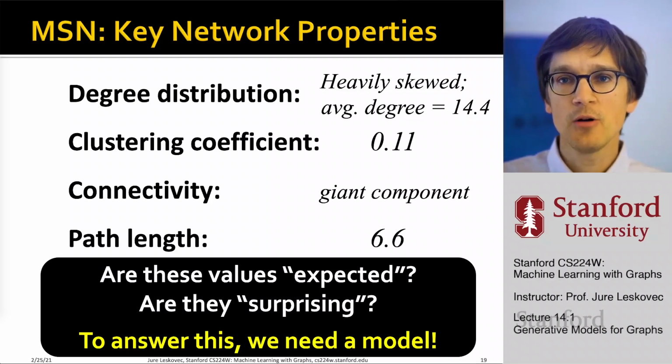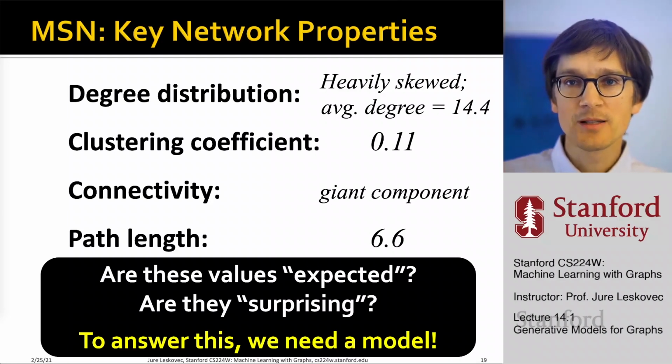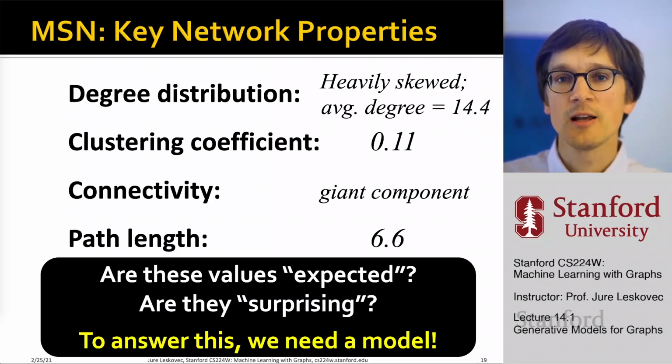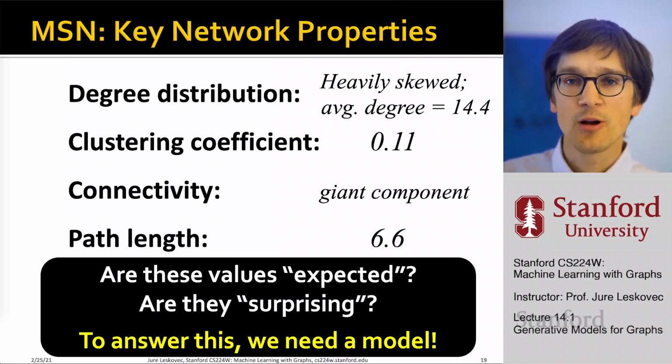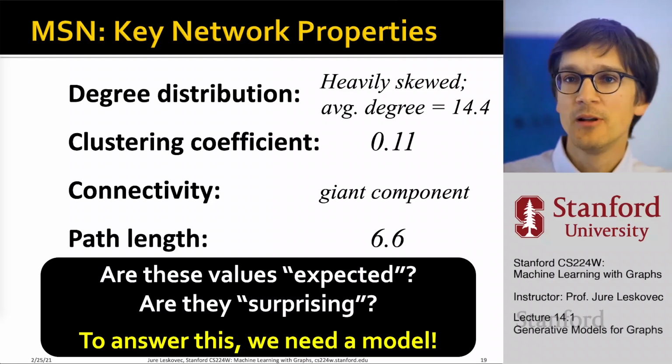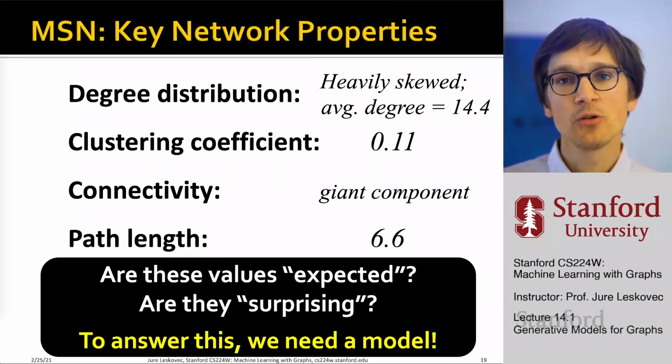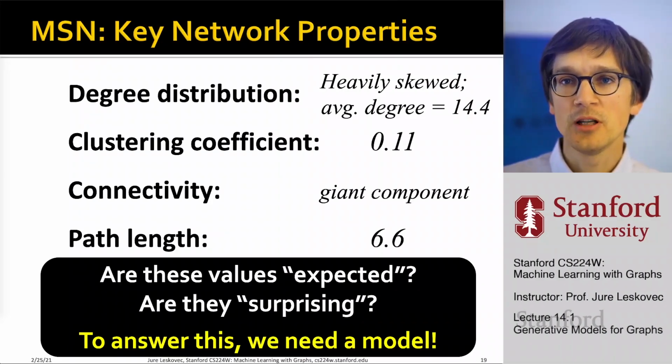So what we are going to look at next is different null models on which we can make these same measurements, and then be able to say, aha, the messenger network has a high clustering coefficient, or low average path length, or something like that, because we'll have this reference point. So next we are going to talk about these reference points, these types of models.